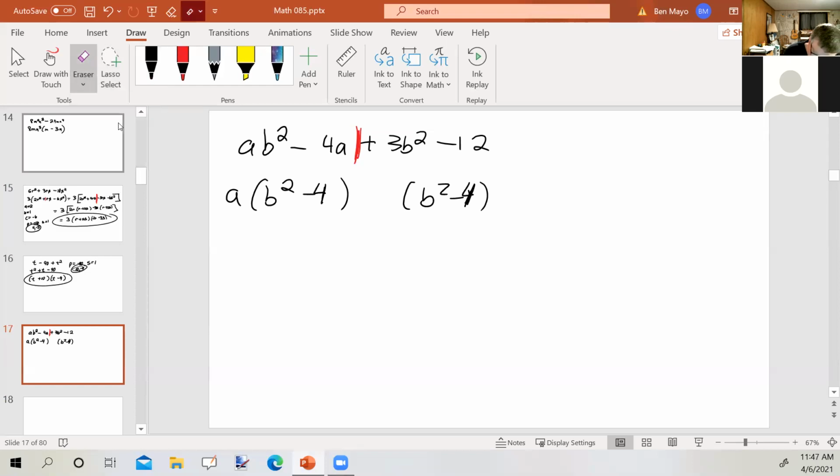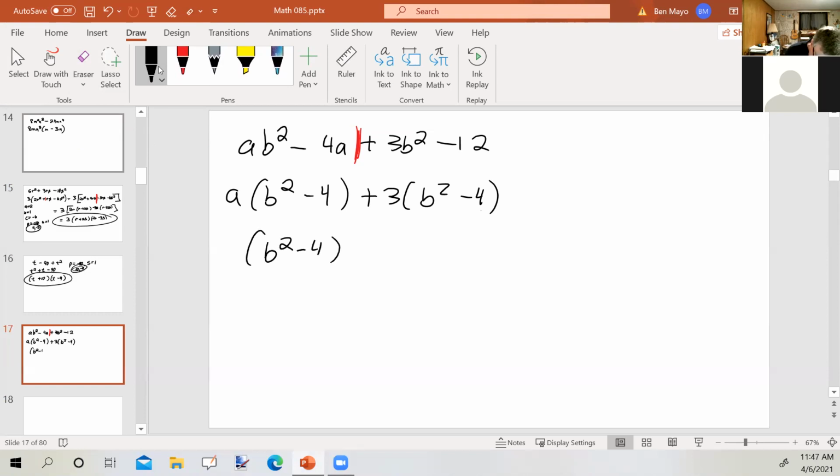Yeah, I caught my mistake there in time, fortunately. Minus 4, minus 4. I caught it because over here it wasn't going to work. So then we've got to have a plus 3, which gives me 3b squared minus 12. Okay. So then I've got b squared minus 4 times a plus 3.